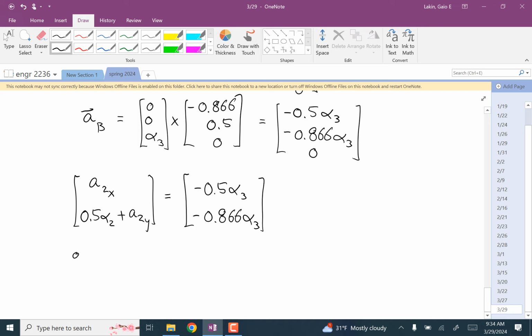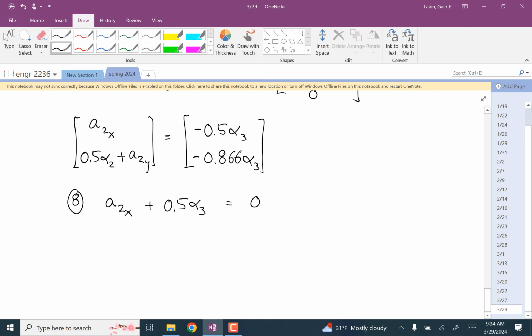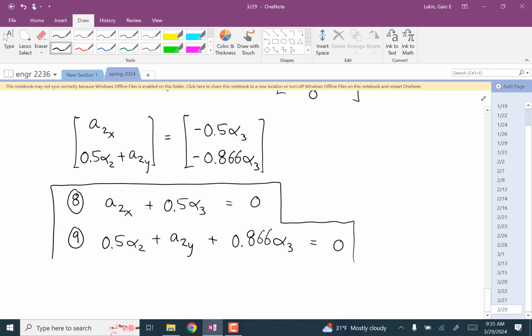And so our last two equations, equation 8 says A2x plus 0.5 alpha 3 is equal to 0. And our ninth equation says 0.5 alpha 2 plus A2y plus 0.866 alpha 3 is equal to 0. We already knew we had 9 variables. Now we have 9 equations and we can solve this.